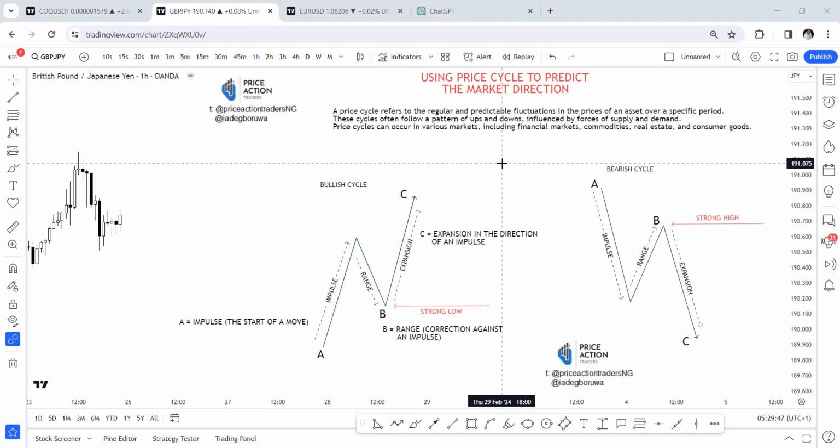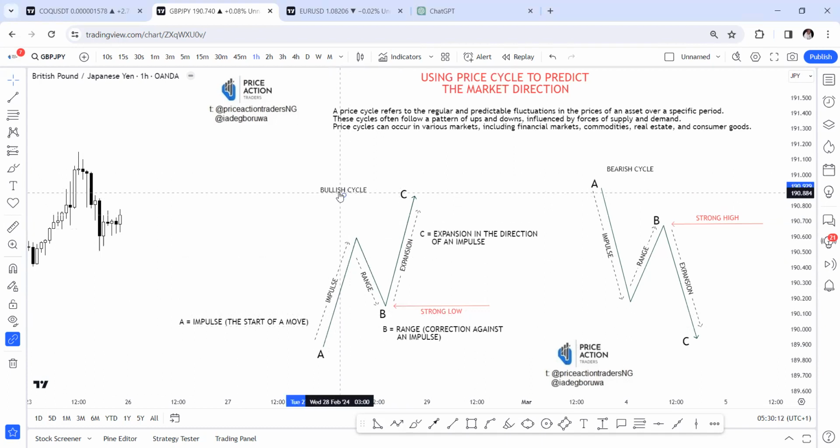So we see the cycle first, and how we now apply this into the market structure of what you intend to trade. So the first thing in the cycle, this is a bullish cycle.